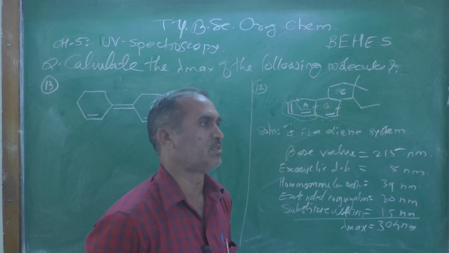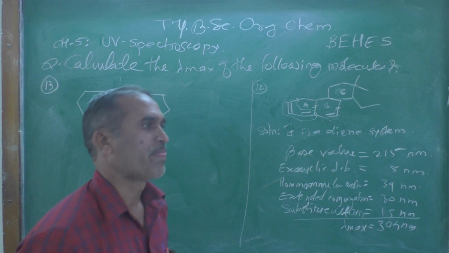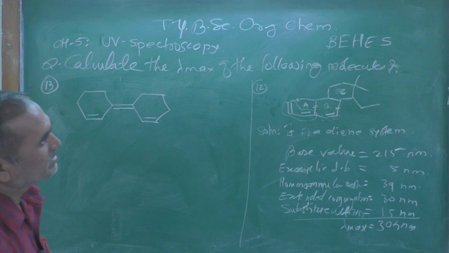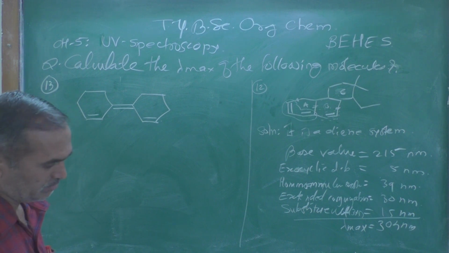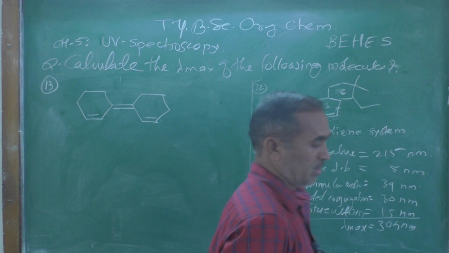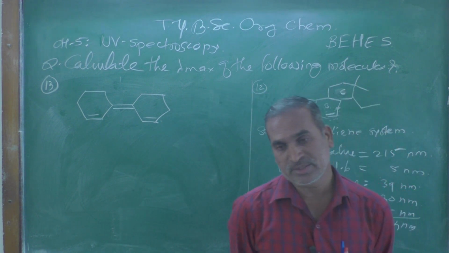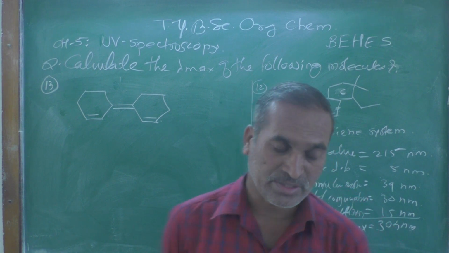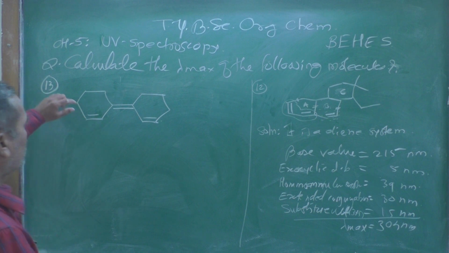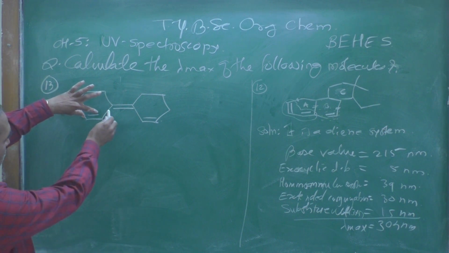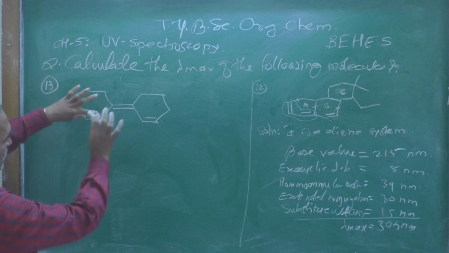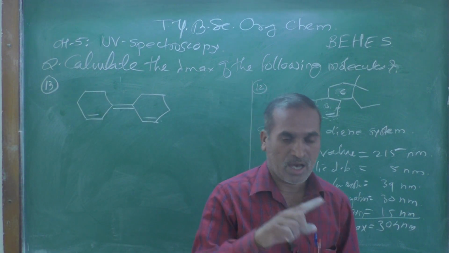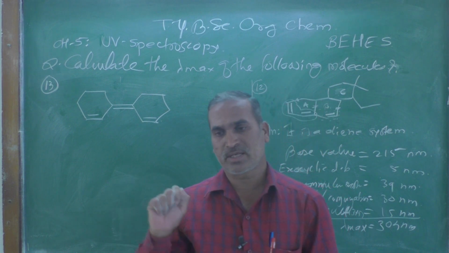And first of all, what is the thing to be considered over here? So first identify the diene system. Does this compound contain a diene system? Yes. Look here: carbon-carbon double bond, single bond, double bond, single bond and double bond. All the carbon-carbon double bonds are alternately present.